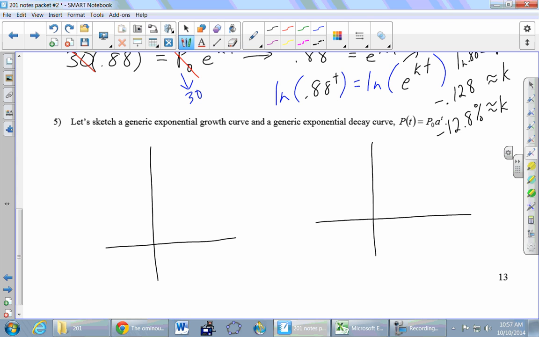Is it going to start high or low or in the middle? High, low, or somewhere in between? So like low down here? Close to 0, right? Got to stay positive, but it can get very close to 0. So there, and then growing as we go from left to right.